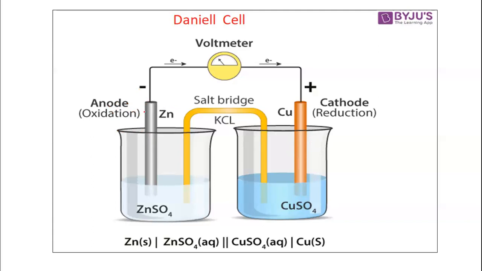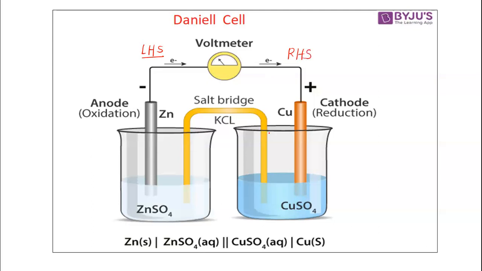The electrons are released at the zinc electrode and move in this direction from left to right, and through the copper electrode the electrons come to the right hand side. So there is a flow of electrons from LHS to RHS, and current is flowing from LHS to RHS.